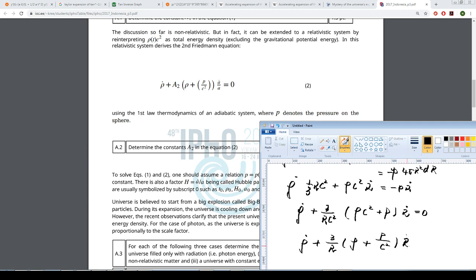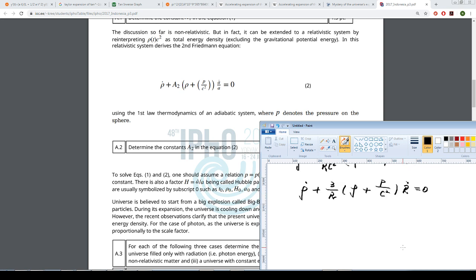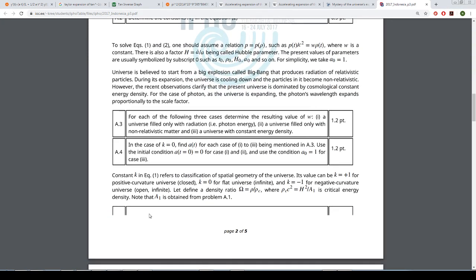Okay. Yeah. So A2 will be 3. Okay. Let's continue looking.